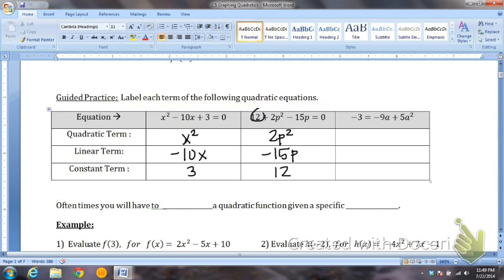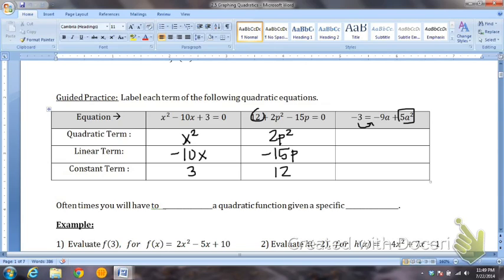All right, what about the third example? Does anyone see that there's something wrong? It's not set equal to 0, right? And we talked about yesterday, every time that we talk about quadratic equations, they have to be set equal to 0. So what I need to do is move the 3 over. Remember, we want to keep the quadratic term positive, and it's already positive there. So that means I'm going to move the 3 over this way.